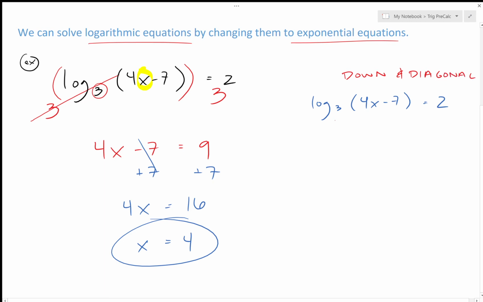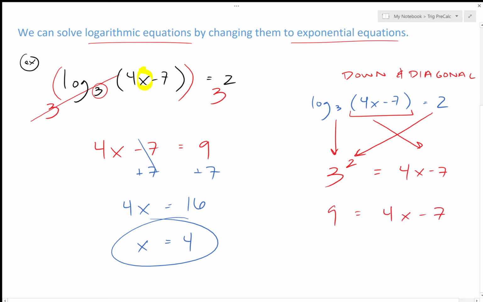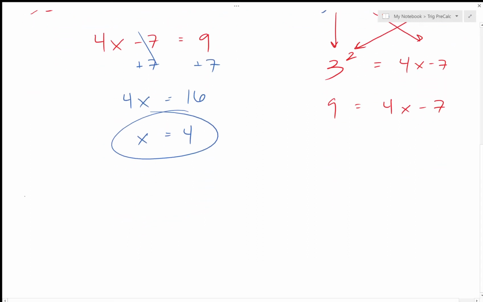Down and diagonal, where the base comes down, the exponent comes over, there's your diagonal, and then this part goes diagonally to the other side of the equal sign, 4x minus 7. Basically that creates the same equation as before, where 9 equals 4x minus 7. So whatever you're more comfortable with, whether it's down and diagonal or just raising it to that base exponent, either way the problem comes out the same.